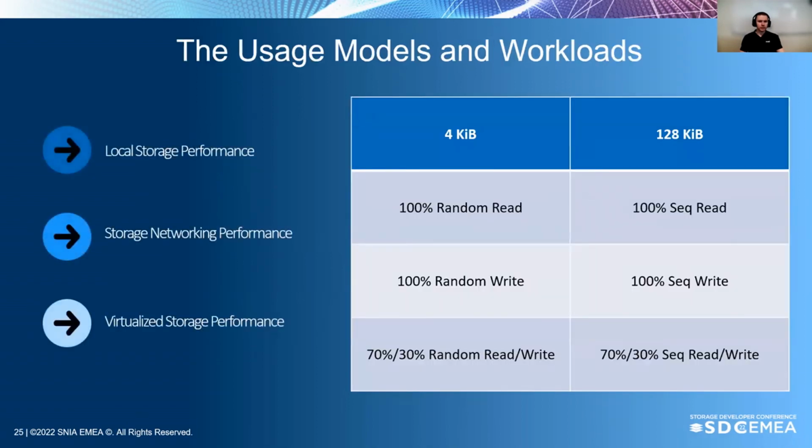For testing performance, we use 3 storage usage models, which are local block storage, networking storage, and virtualized block storage. We use 2 block sizes in our tests. Small workloads with 4 kilobyte block sizes using 100% random read workloads, 100% random write workloads, and 70-30 mixed random read-write workloads.